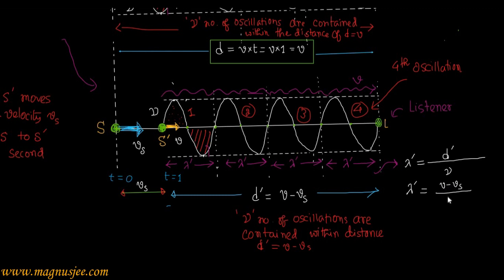So we get lambda prime equal to v minus vs divided by nu, where v minus vs is the distance traveled by the sound wave in 1 second, and nu is the frequency. Lambda prime is the apparent wavelength of the sound wave heard by the stationary listener.